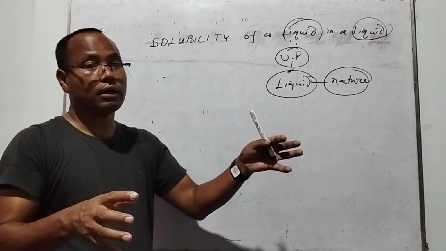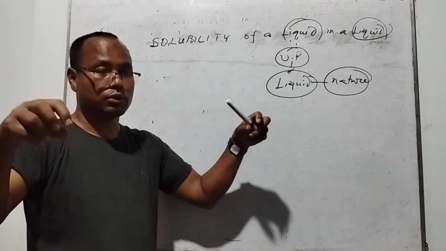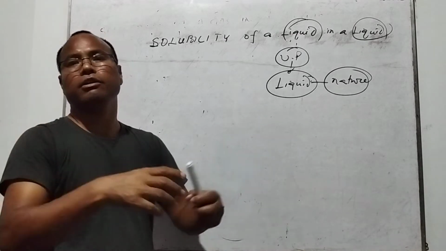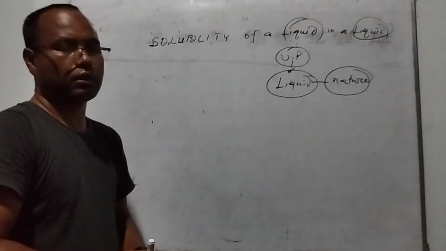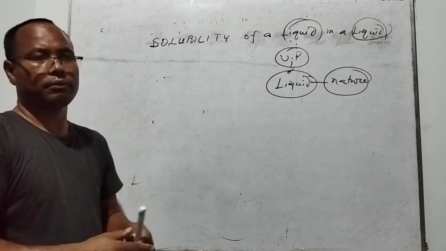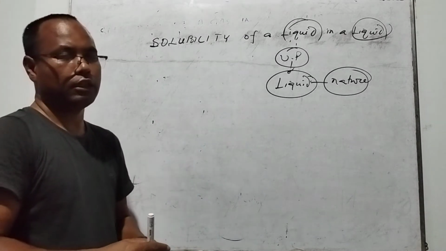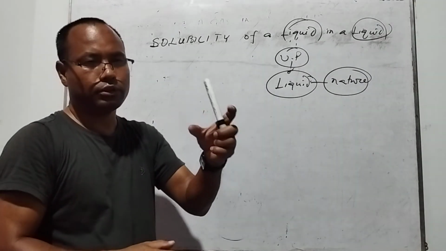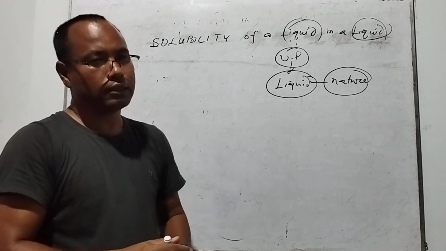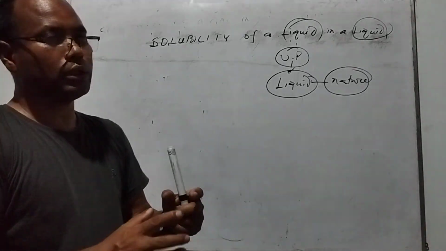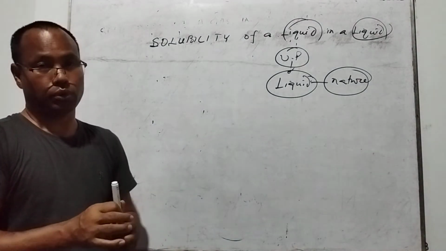Water is a polar molecule, so it can be bound together through the hydrogen bond. Some of the molecules inside the liquid form hydrogen bonds within the molecule itself. That hydrogen bond is what we call intramolecular hydrogen bond.